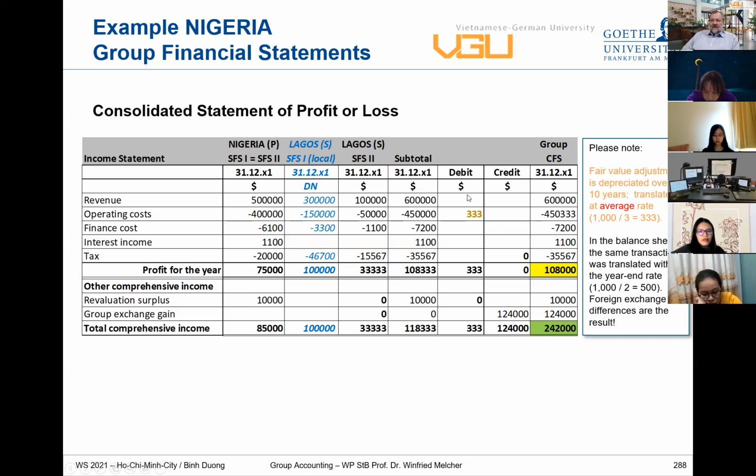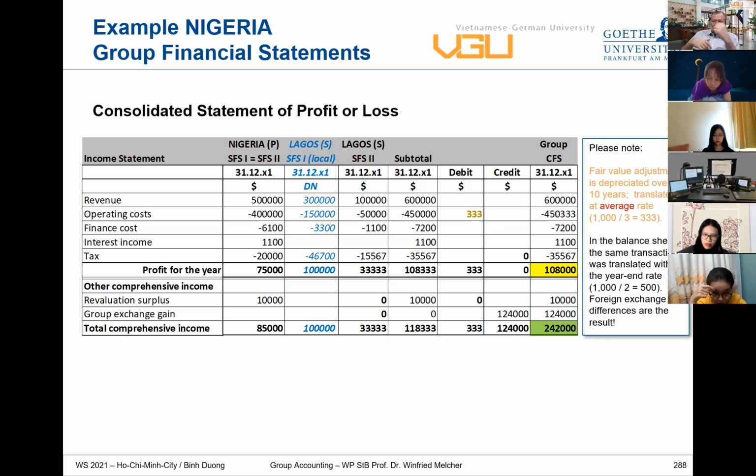So we would divide the same depreciation of 1,000 now by 3, because we are in the income statement. And so the depreciation for the whole year is 333. So the same depreciation will be shown in 2 different amounts, because we translate them according to the simple rules, right?